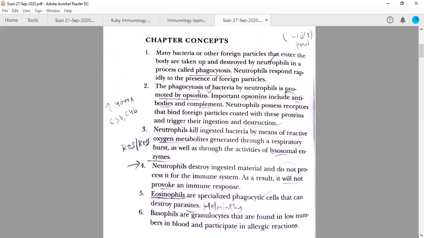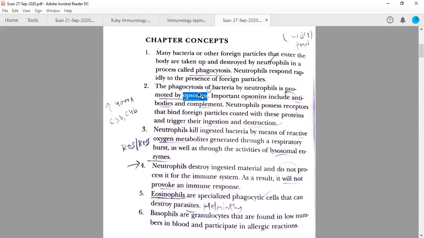So who is going to perform this function? Opsonins. We have discussed C3b and C4b in our last class, and antibodies are also one major kind of opsonin protein, and the process is known as opsonization.